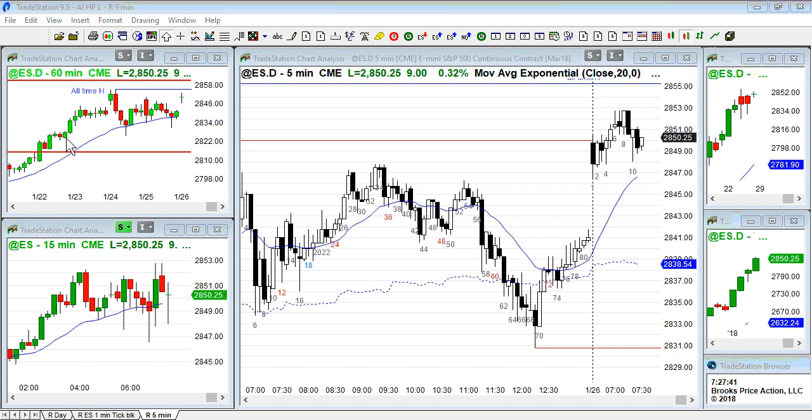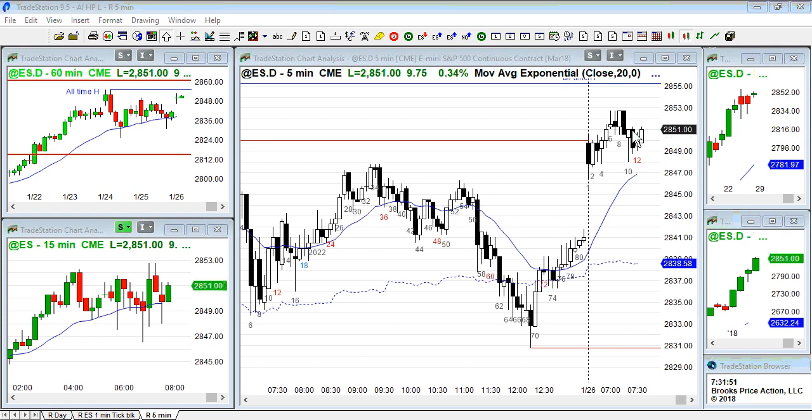Most days I never look at time and sales, but sometimes if the market is oscillating or at some key price, I'll take a look out of curiosity, looking to see if some big trade takes place. Some bulls have bought the 10 high, disappointed 11, trying to get out break even, so we get some hesitation here. But we're still always in long, still slightly more bullish than bearish.